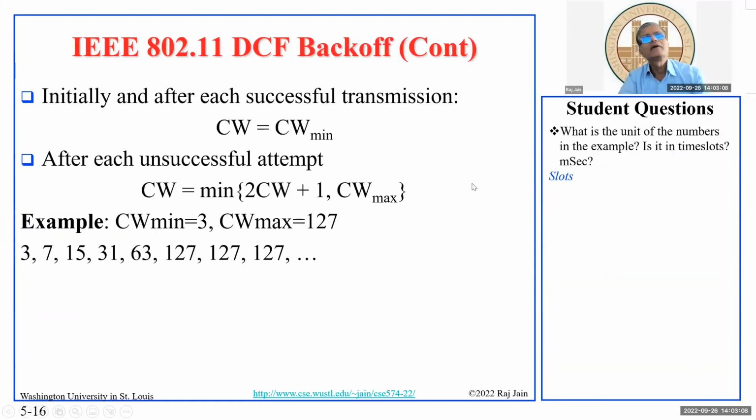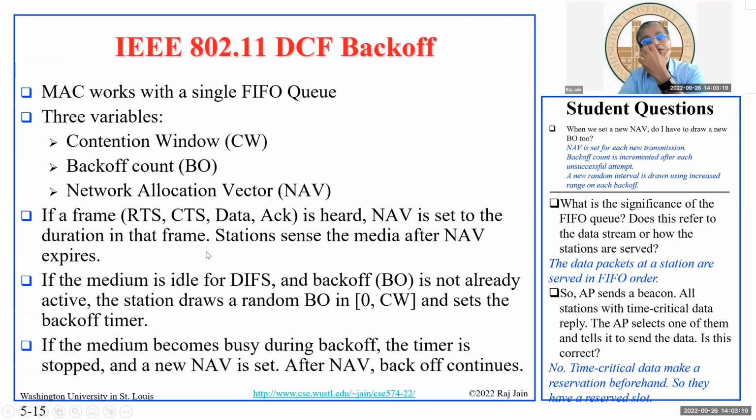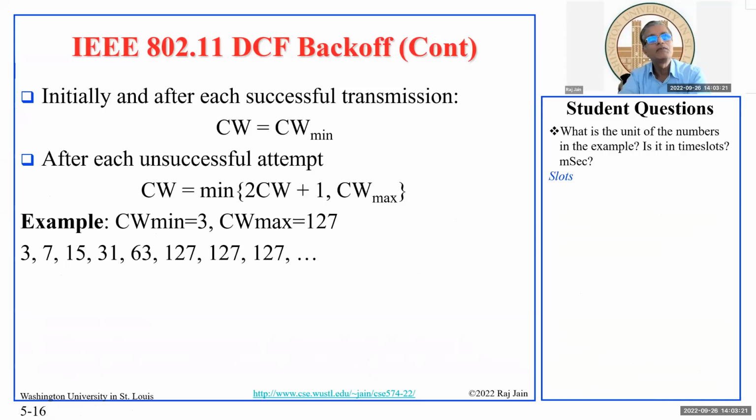What is the unit of numbers in this example? Slots. Basically 3 slots, 4 slots. How much is a slot depends upon the speed. Okay. So it's the slots. For the time being, it is slots. Now, what you have to do is you have to draw, after each successful transmission, you do CW min. Okay.